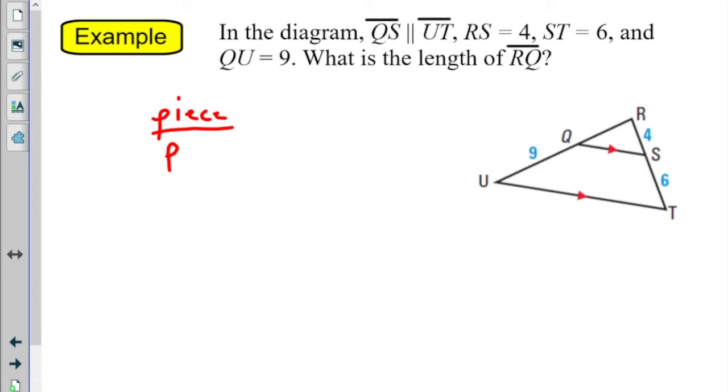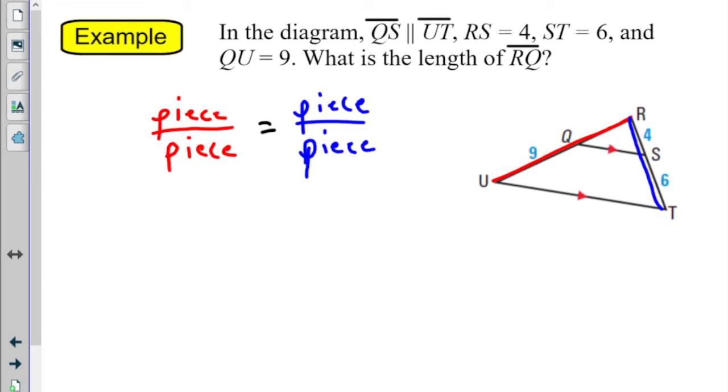So we're going to have piece over piece of the red equal to piece over piece of the blue. That's what we're going to set up. And the distance that we don't know is this distance right here.